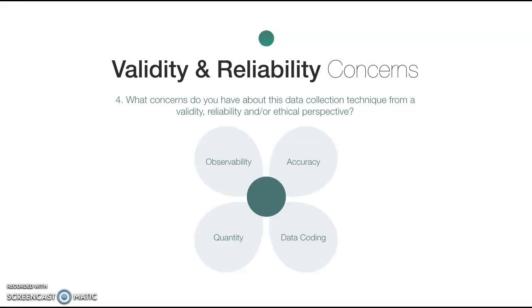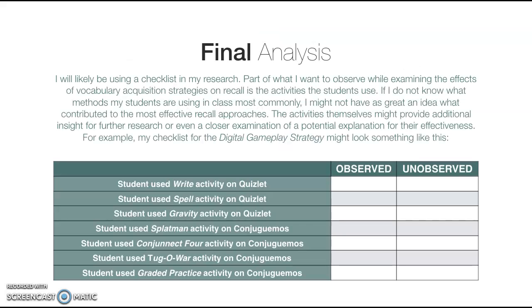I felt like it was pretty safe and it would be easy to code the data using a spreadsheet of some sort that you can maintain and then destroy, or store somewhere that it would not be accessed by other people. So overall, very ethically safe I thought. But those are my outline concerns.